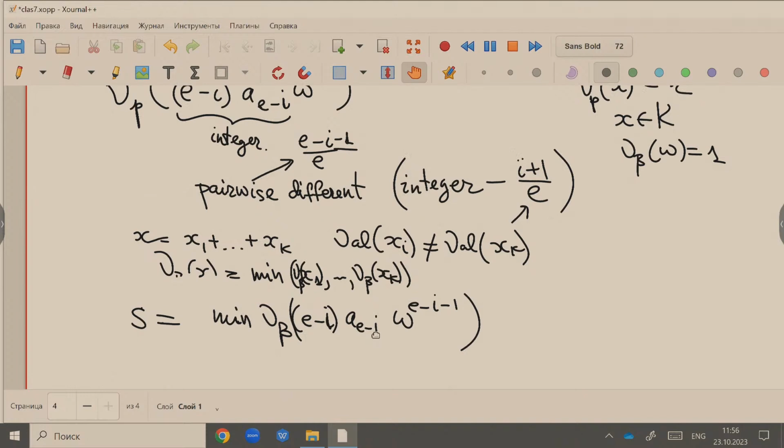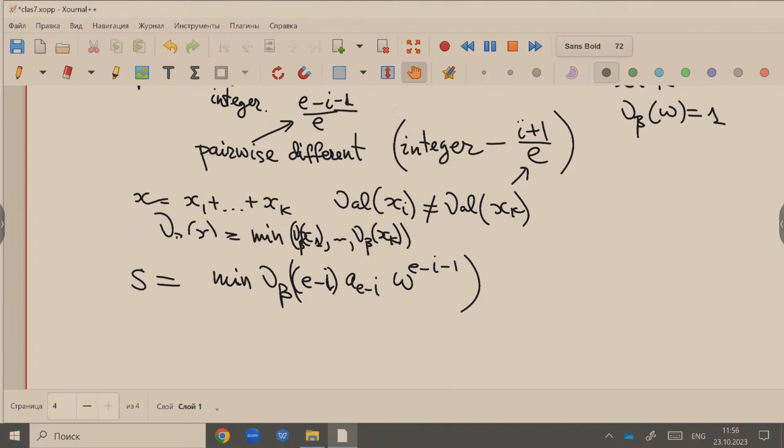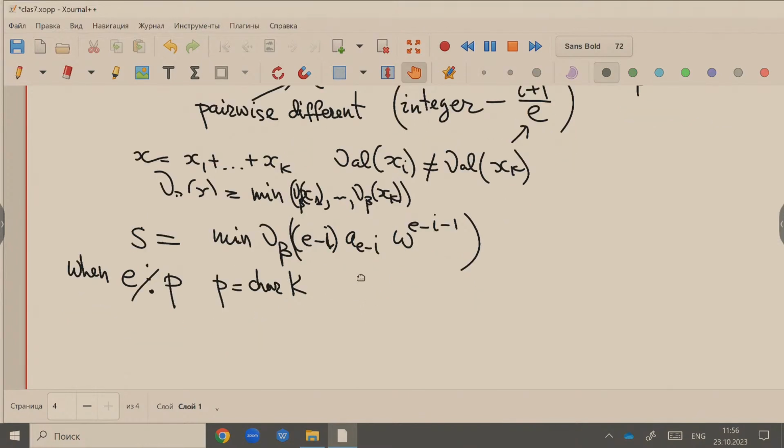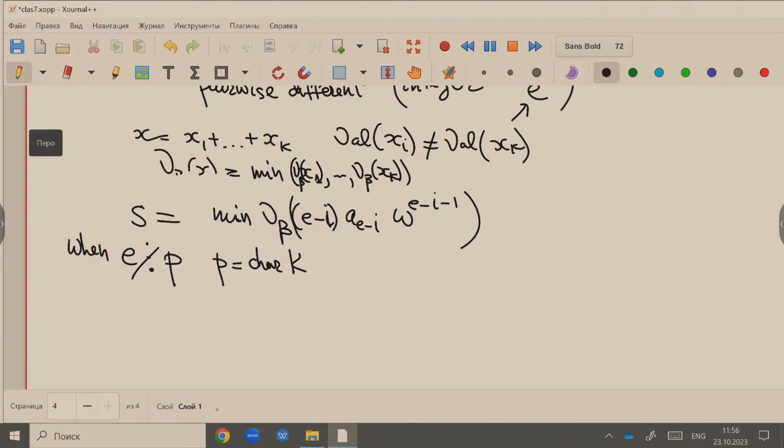But notice that if you want to compare these valuations, suppose that e is not divisible by P, where P is the characteristic of K. Then you have to compare valuations of omega e, so e doesn't play a role in this valuation.